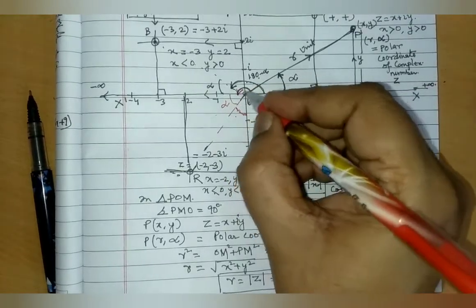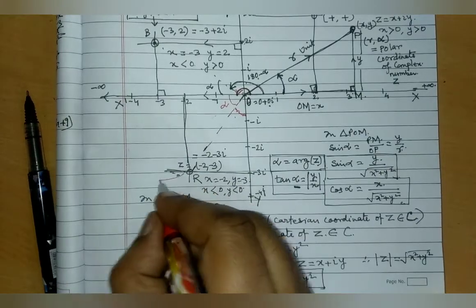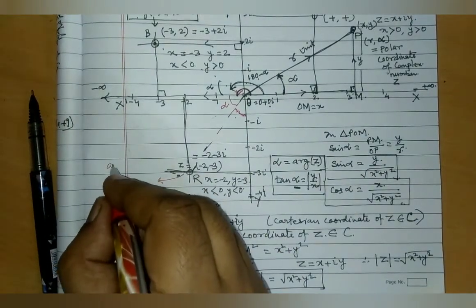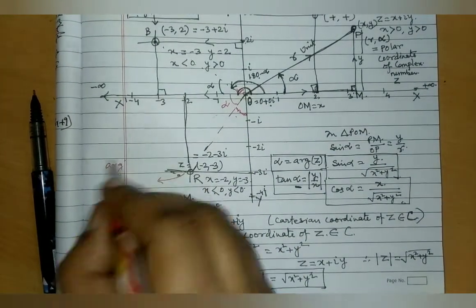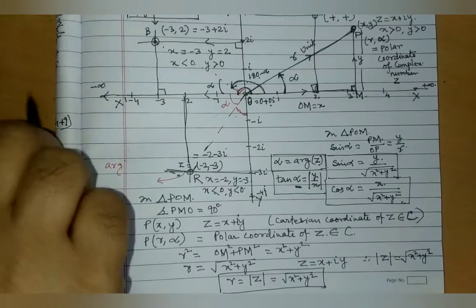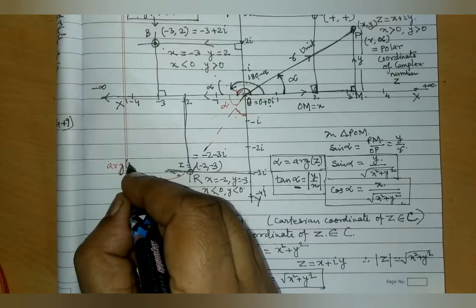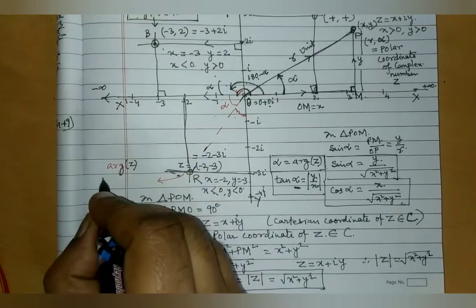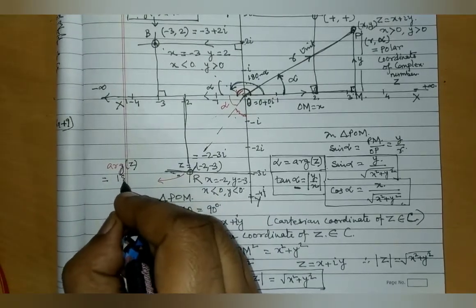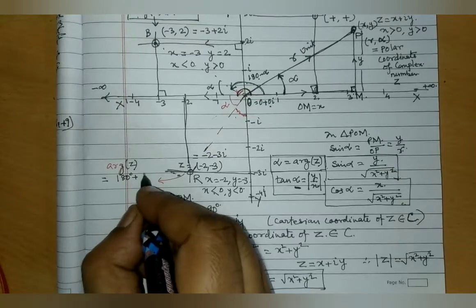If we have to find the argument of this complex number, suppose arg z, then we have to choose 180 degrees plus alpha.